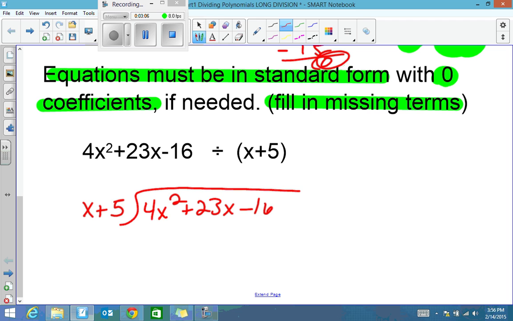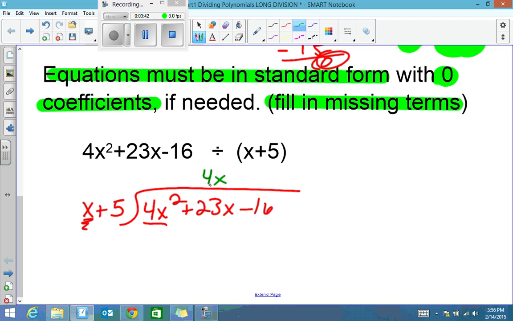Now, just like in numbers long division, the question we're going to ask here is, what do we have to multiply this x by to equal 4x squared? And the answer would be 4x, right? Because 4x times x would give us 4x squared. So we're going to write that 4x above the x term in this equation.